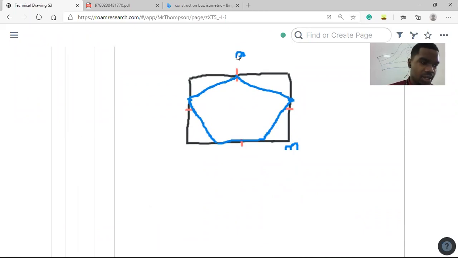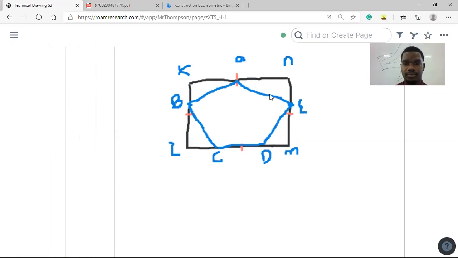We're going to put our point here called A. Let's call this point at the end N. Let's call this point K. Let's call this point right here B. Let's call this point L. Let's call this point right here C. Let's call this point right here D. And finally, let's call this point over here E. So the pattern of the labeling is really A, B, C, D, E, and then we just have L, M, N, K, L, M, N on the outside.